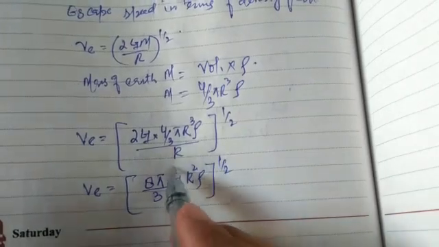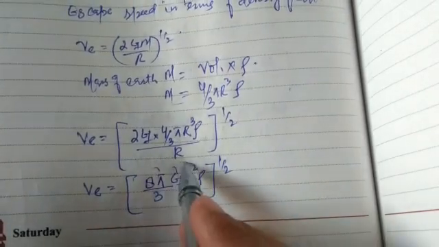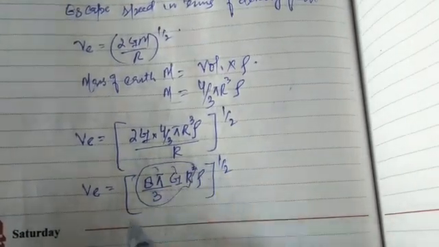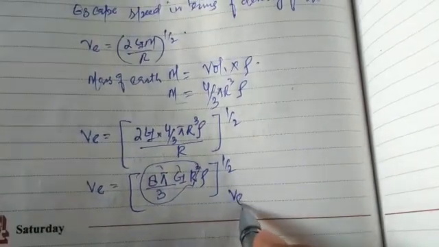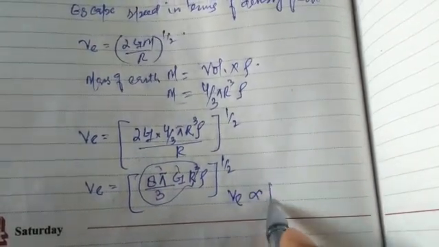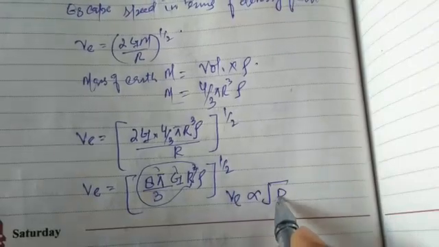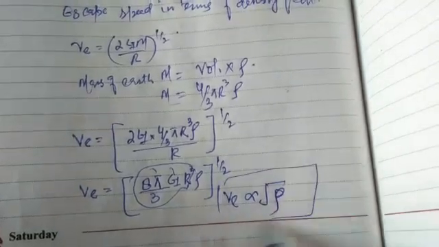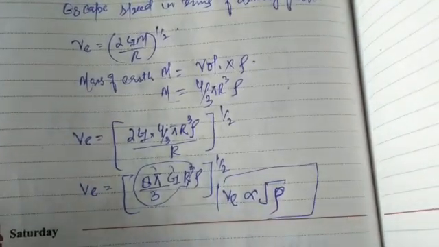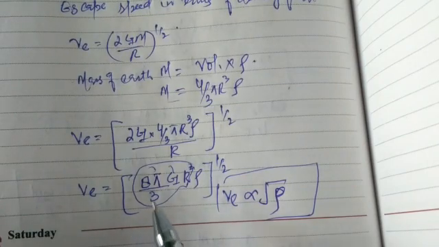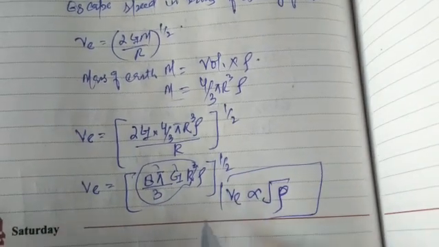So G is constant, pi is constant, and 3 is constant. These terms up to this value are constant. So VE is directly proportional to the root of the density. So the escape velocity on the surface of a planet of high density is more.